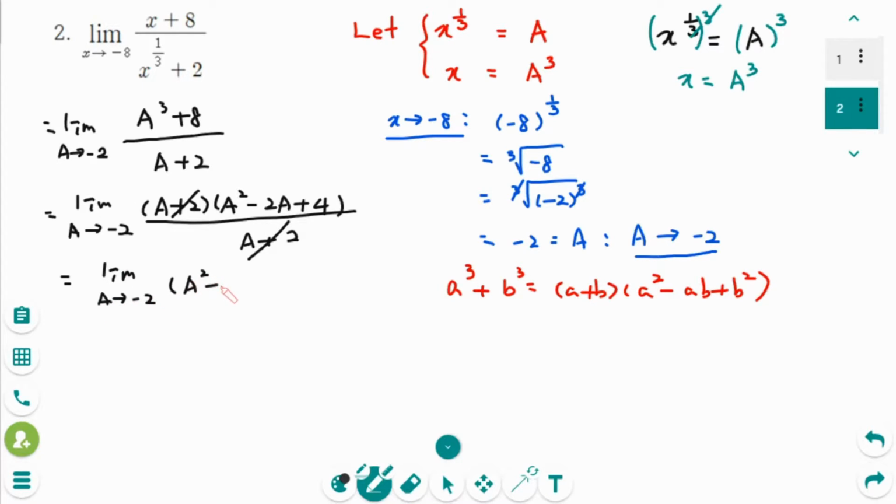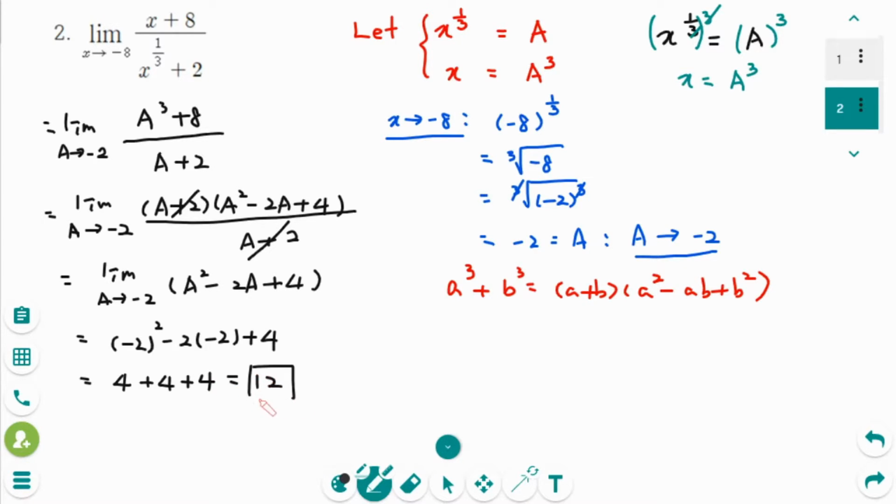A squared minus 2a plus 4. Then put minus 2 into a. So minus 2 squared is 4. Minus 2 times minus 2 is also 4. Then plus 4. The answer is 12.